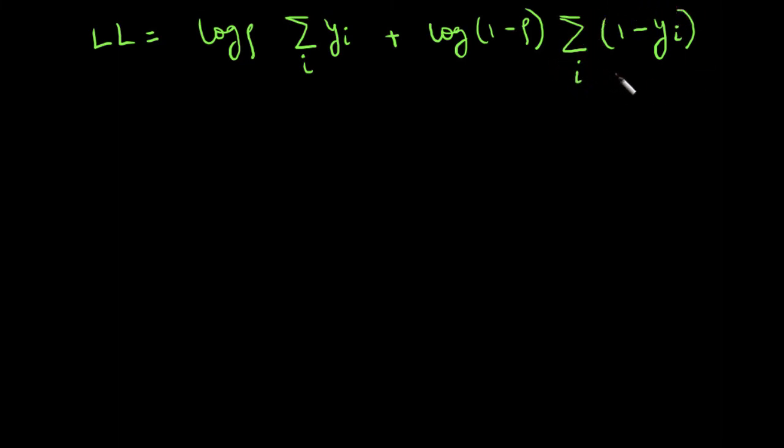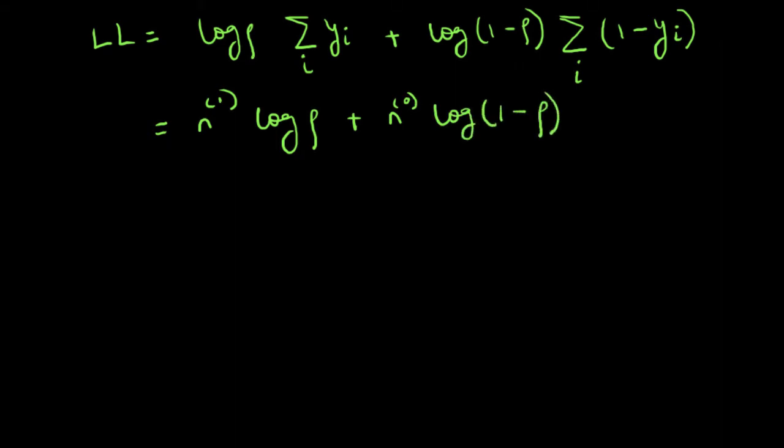So what we have over here is n1 log of rho plus n0 log of 1 minus rho. Now what is our objective? Our objective is to find the value for rho which maximizes the log likelihood, right?